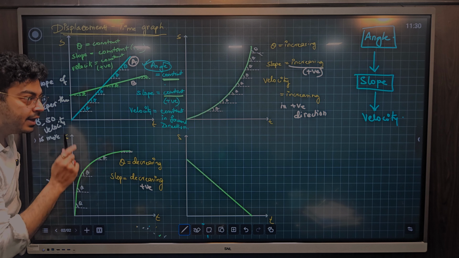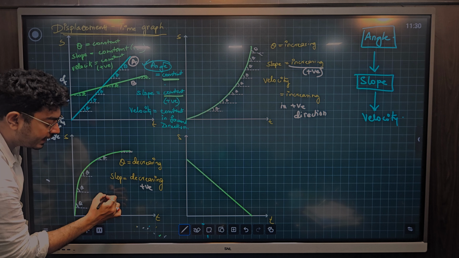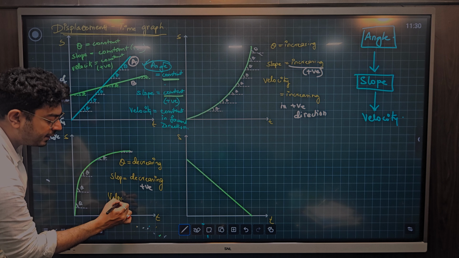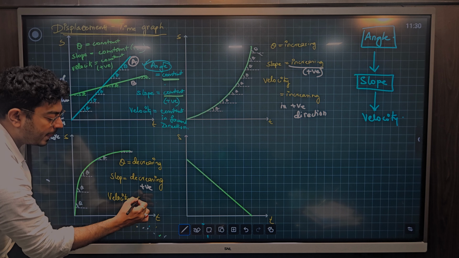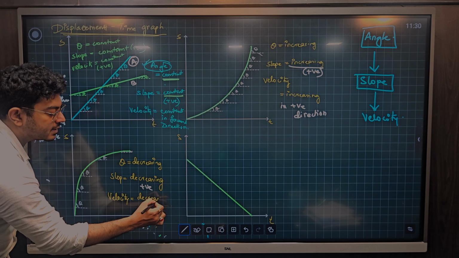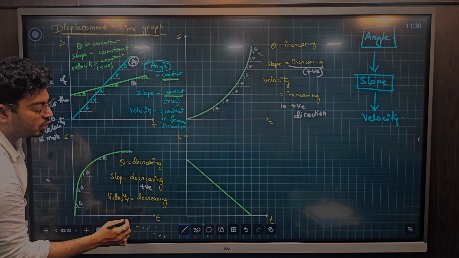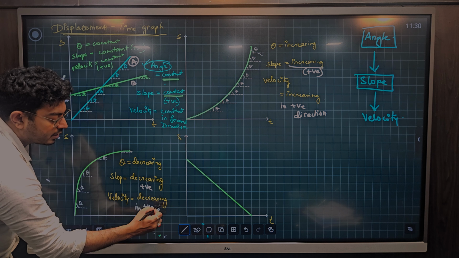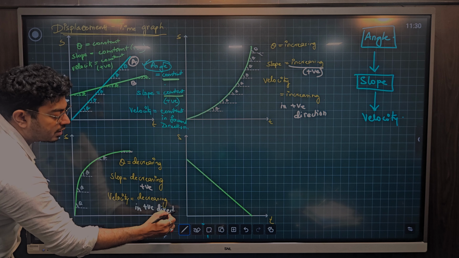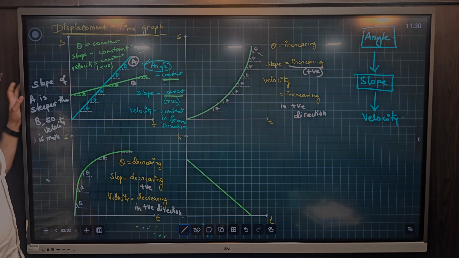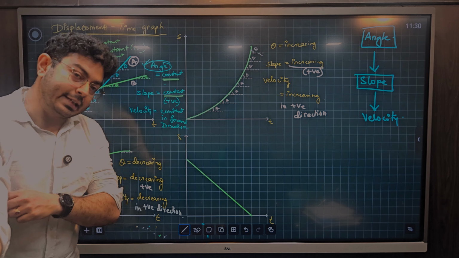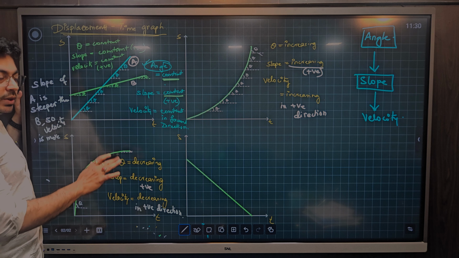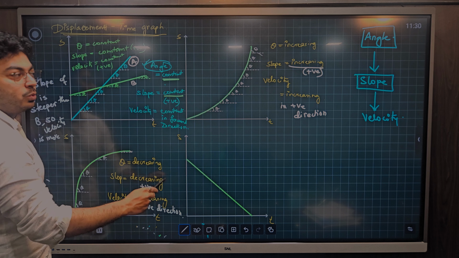So slope of the displacement time graph is velocity. That is also decreasing. In which direction? In positive direction. Or we can say positive velocity, forward velocity is decreasing. So we understood this.